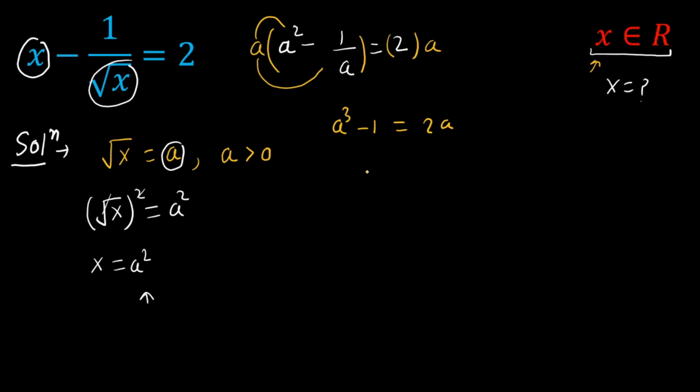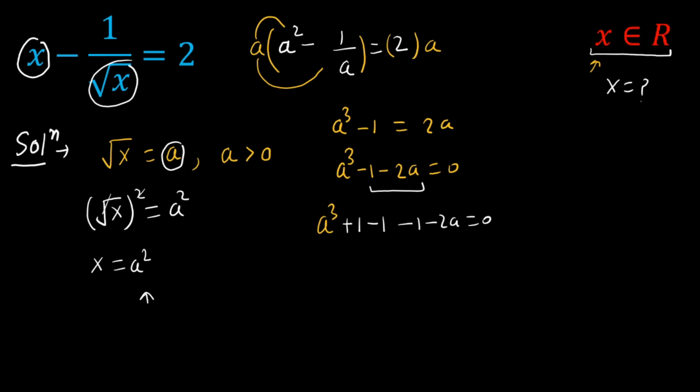Now if we take all the expressions to the same side, then a power 3 minus 1 minus 2 times a equals 0. Here this is a cubic equation, a cube, and if we add 1 and subtract 1, then a cube plus 1 minus 1 minus 2 times a equals 0.